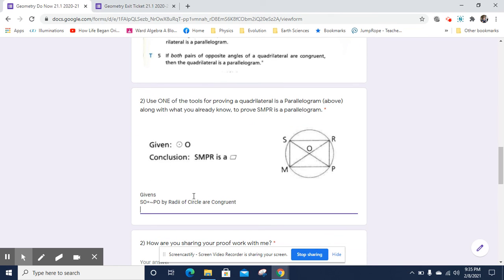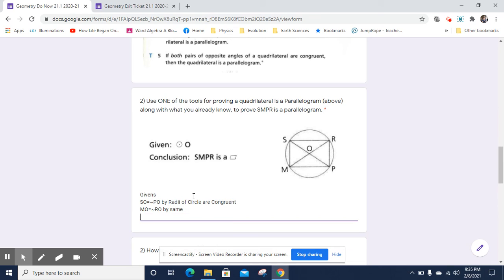And then we can say that MO is congruent to RO by same. And then we can say that MR bisects SP by definition of a bisector.